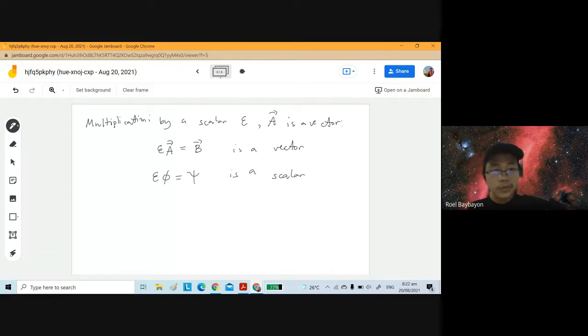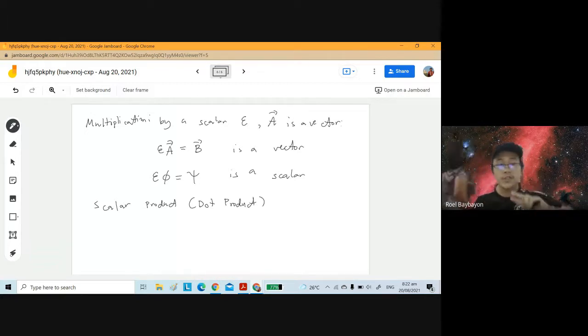Now we also have this. This is scalar multiplication. Next, we have the scalar product. It is commonly known as the dot product. Okay, dot product. So when you multiply two vectors, we have two kinds, right? The scalar product and the vector product. The dot product and the cross product. Okay.